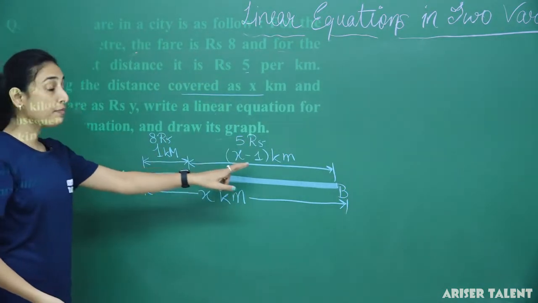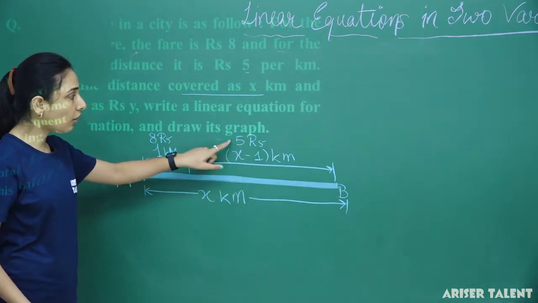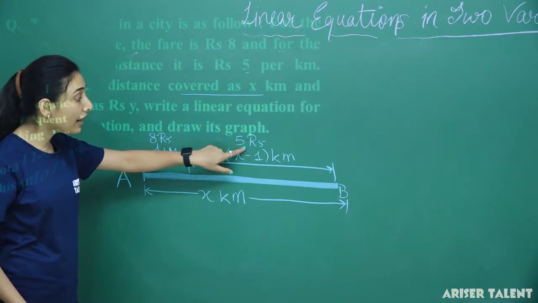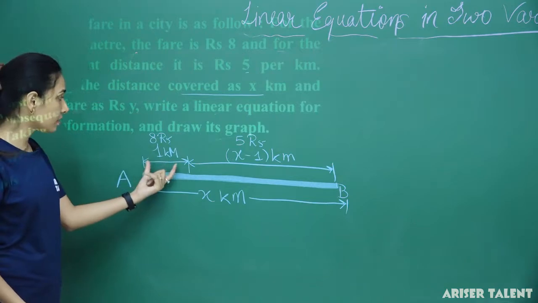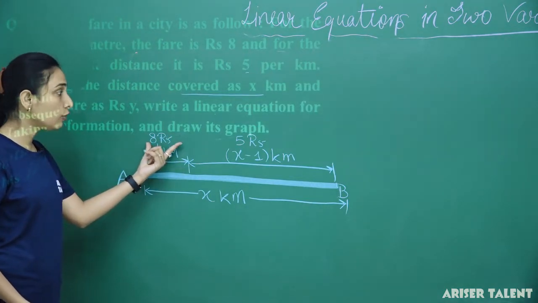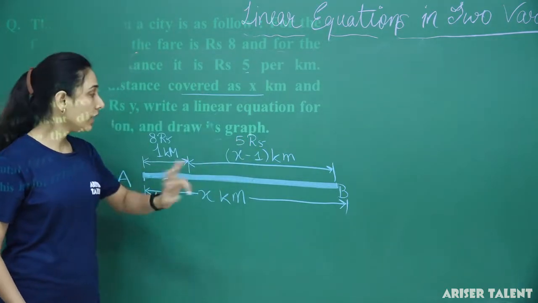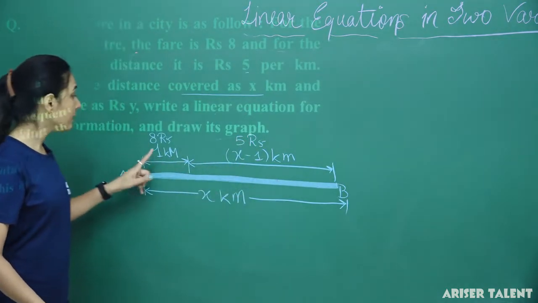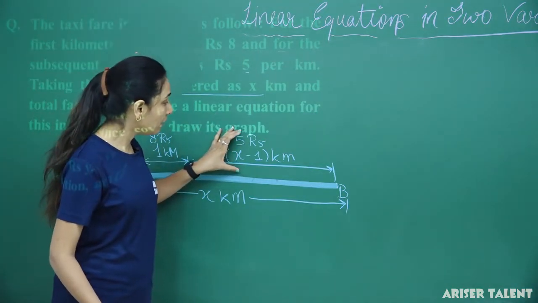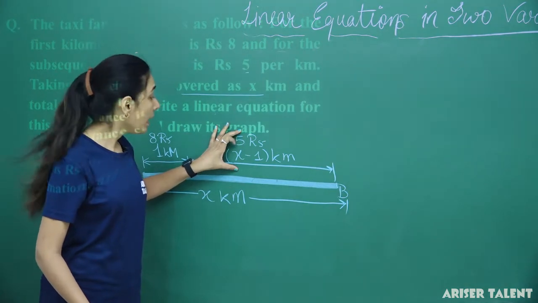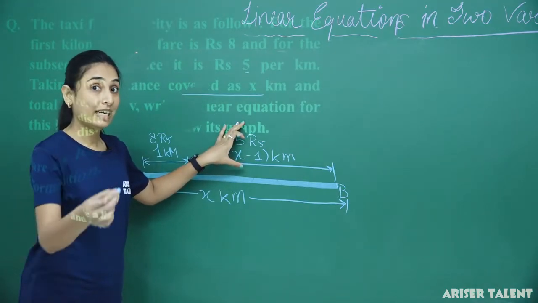So the total amount is 8 multiplied by 1 plus 5 multiplied by (x - 1). This is the total fare.